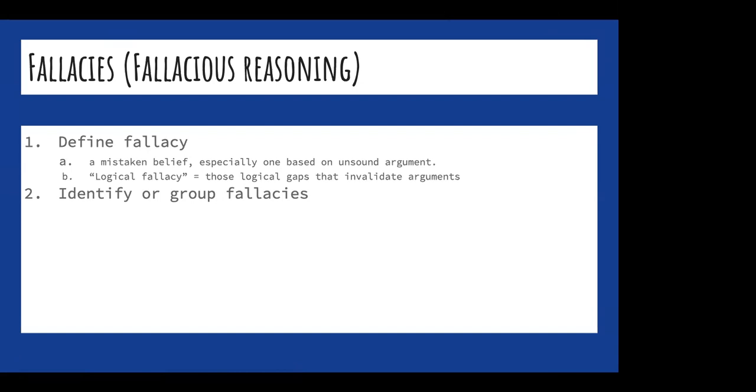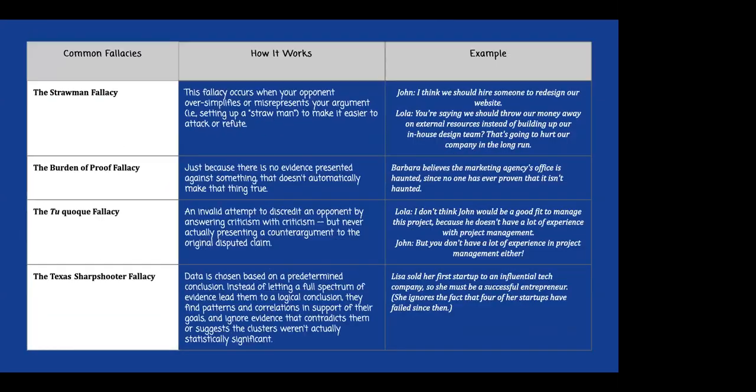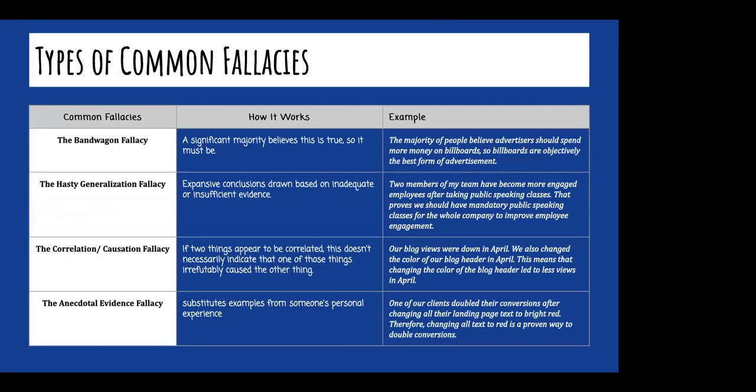So these are those logical gaps. They sound like they make sense, but when you really start looking at them, these fallacies invalidate our arguments completely. There are a lot of different types of fallacies. We're going to touch on some of the most significant ones, especially for this particular article.